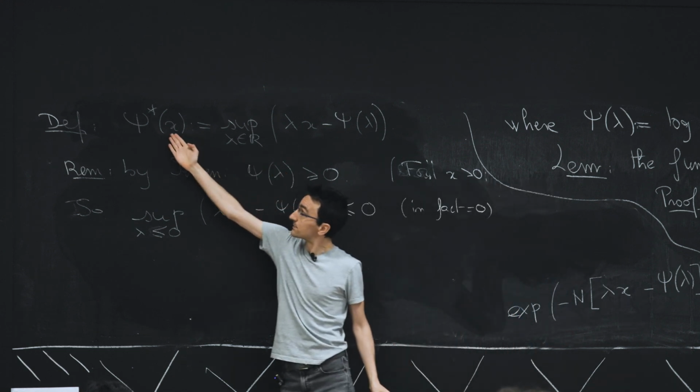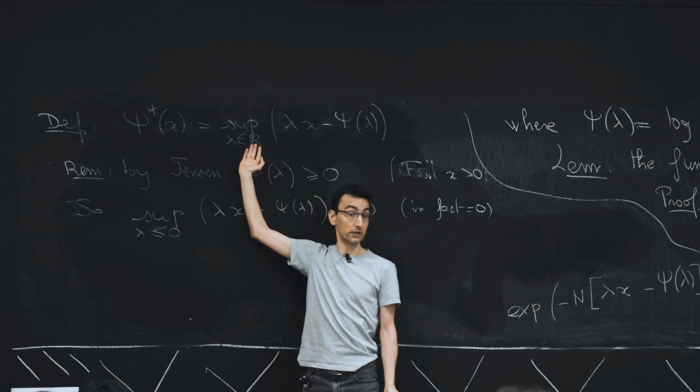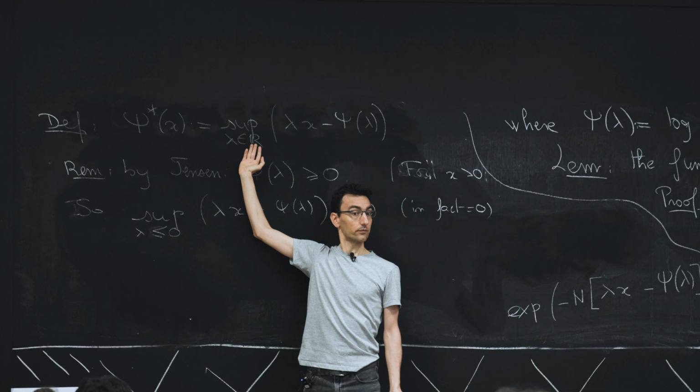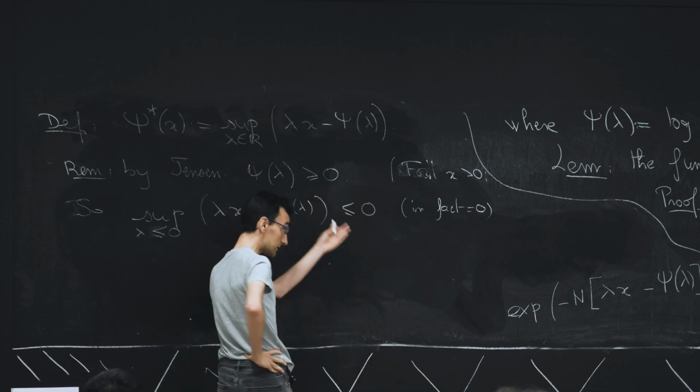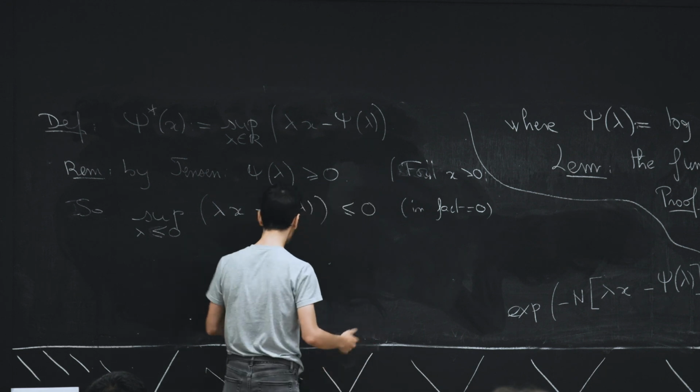And if x is positive in this definition, I can take lambda positive. I don't lose any generality. Okay, so just this simple calculation, this simple Chebyshev with the exponential function, gives you that.